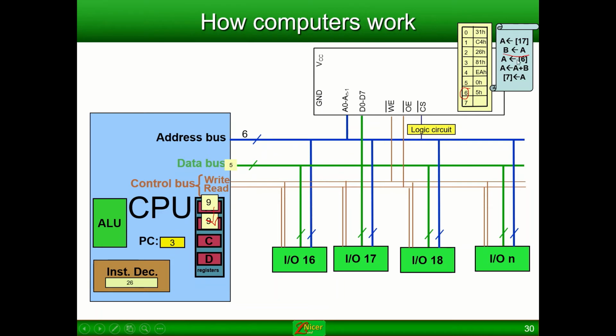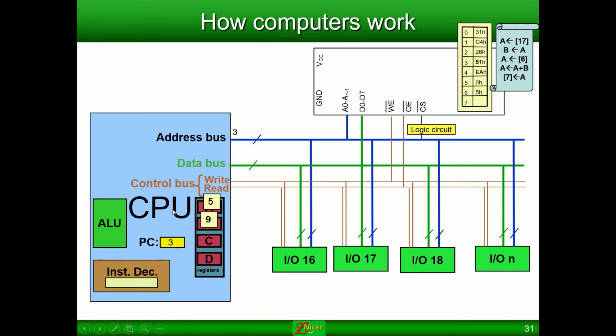At the 6th location 5H is stored, so 5 will flow using the data bus to our CPU, and register A will be overwritten with the value 5 from the 6th location.